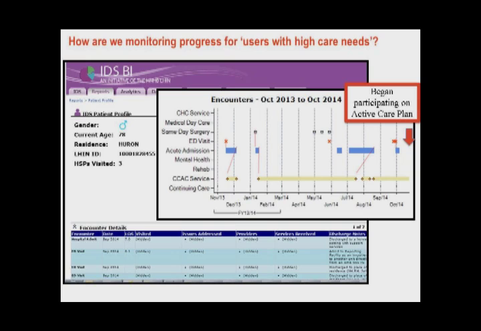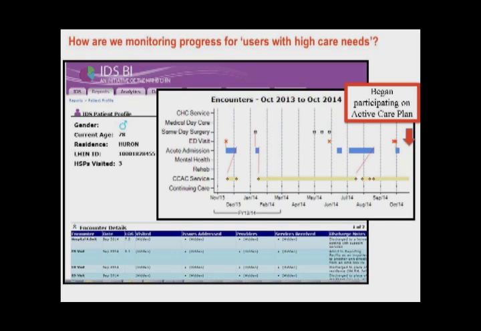This business intelligence tool really allows us to link hospital systems from across the Southwest LHIN as well as CCAC information, so that it allows you to go down into a patient level, which is what you see in the slide, showing encounters from October 2013 to October 2014.